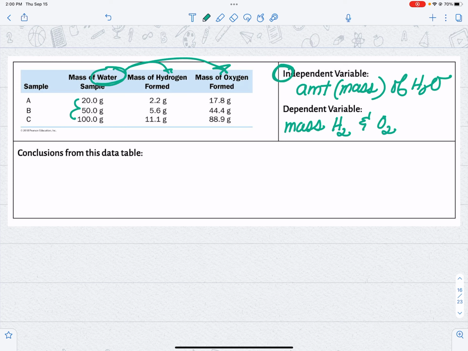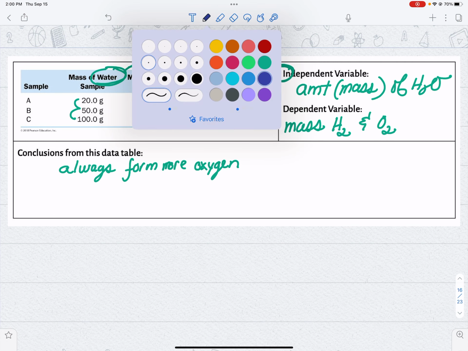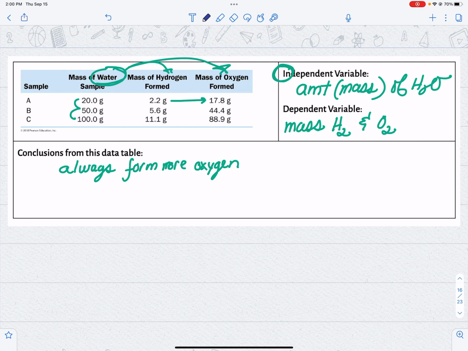And my conclusions from this data could be a few things. The first thing that I notice is that I always form more oxygen, right? But specifically looking at how this changes with the independent variable, when I used twice as much water, I made twice as much oxygen, and this one was hydrogen over here, and twice as much hydrogen.